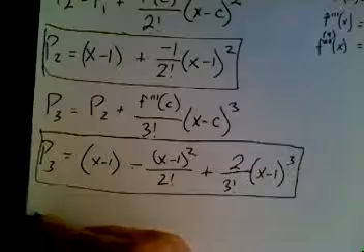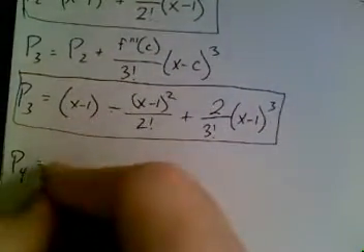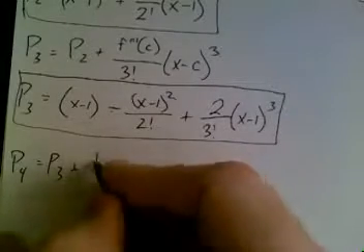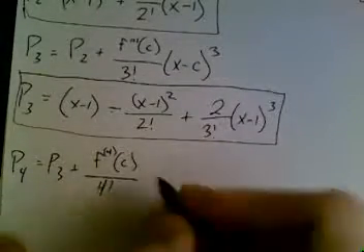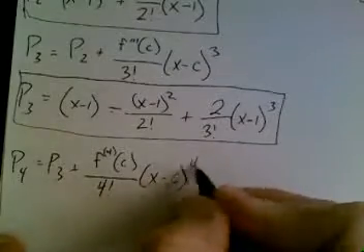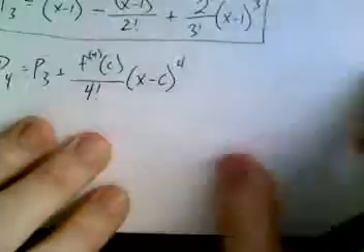Let's do the last one. P sub 4 is equal to, remember, P sub 3 plus the fourth derivative at c divided by 4 factorial times x minus c to the power of 4. The fourth derivative is negative 6 at that value of 1.